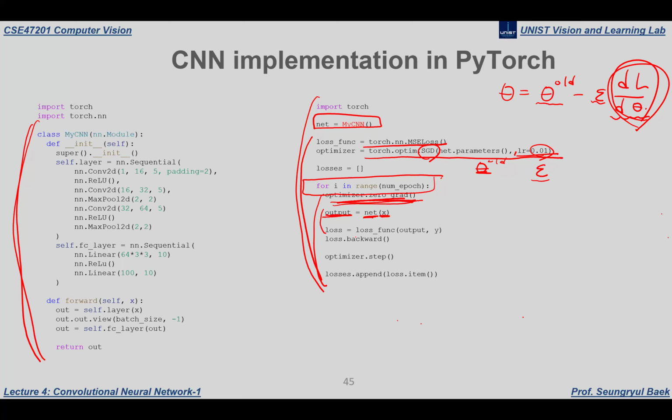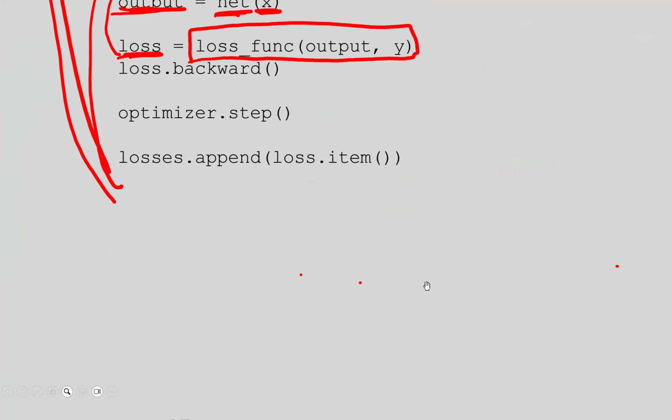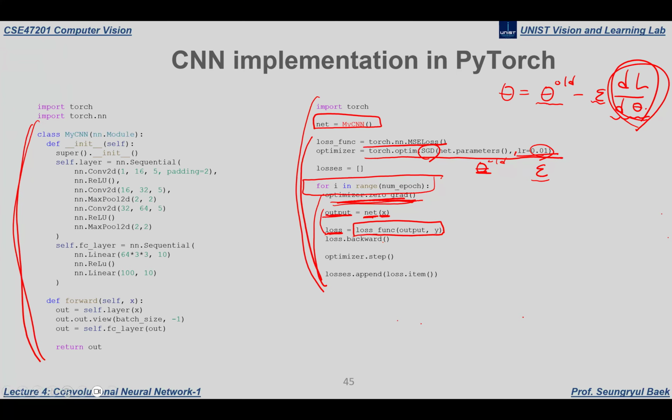So we then calculate the loss, which is the distance between prediction and ground truth Y. And by calling loss.backward, we can get dL/dθ for the entire deep architecture. We calculate this once.